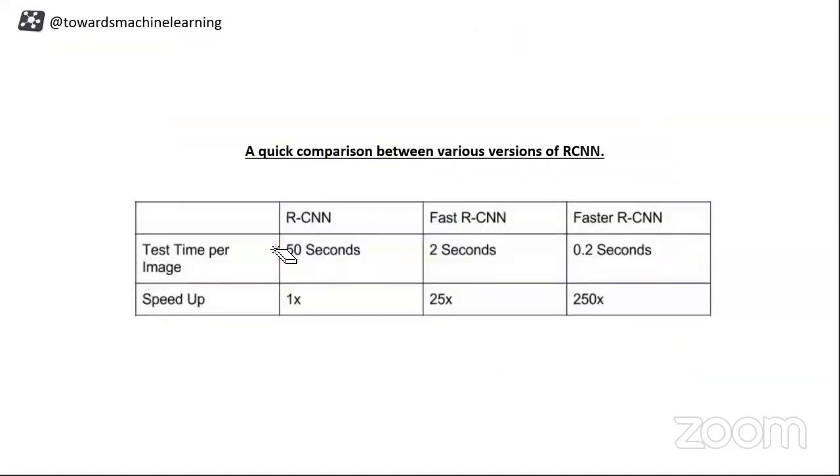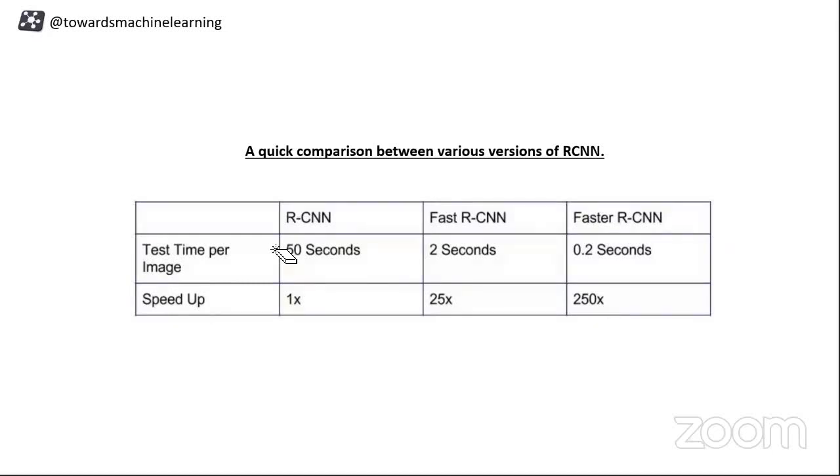Now let's see how much faster these algorithms are. RCNN takes 50 seconds to process only one image. Just imagine how computationally heavy that was, even though we had selective search and were not using a sliding window. With a sliding window, you might take 5 to 10 minutes.